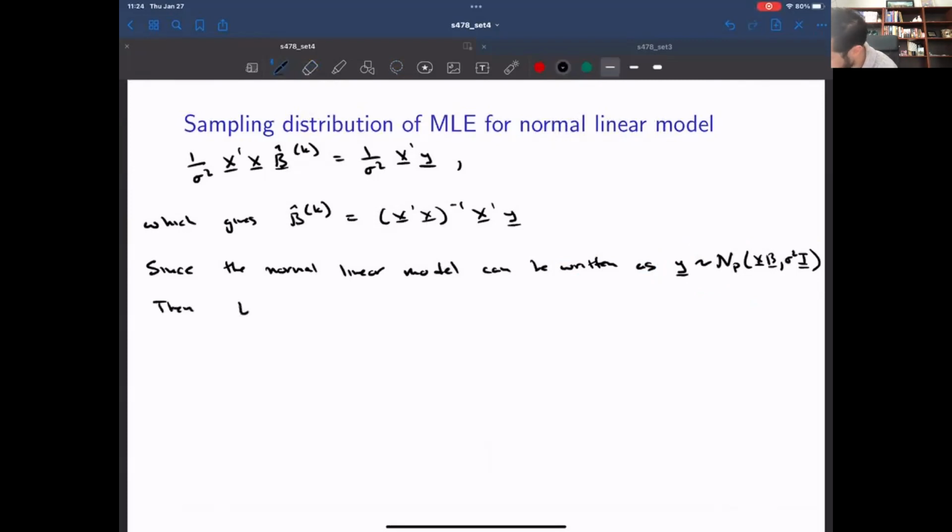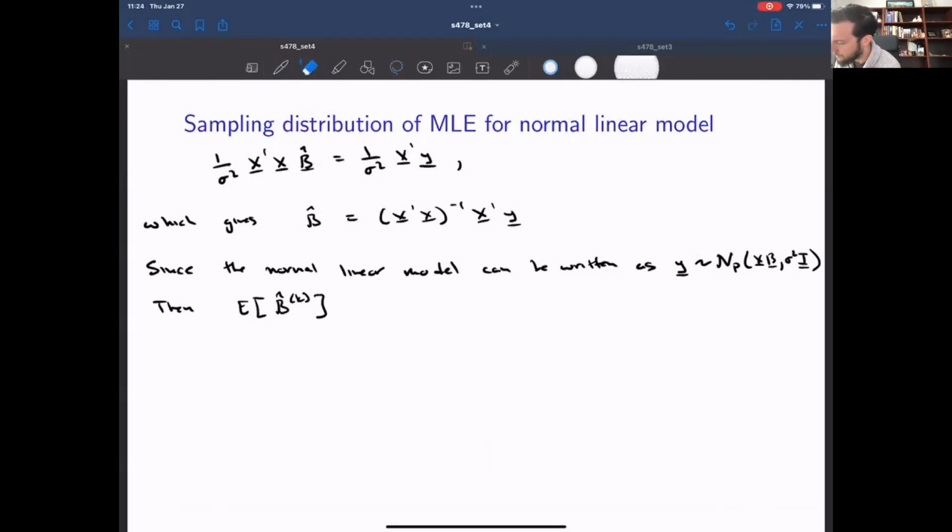then the expected value of β̂. Actually, in this case, we don't even need to iterate, so we don't need the k's here. This will be a closed form exact solution because of the model we're dealing with.